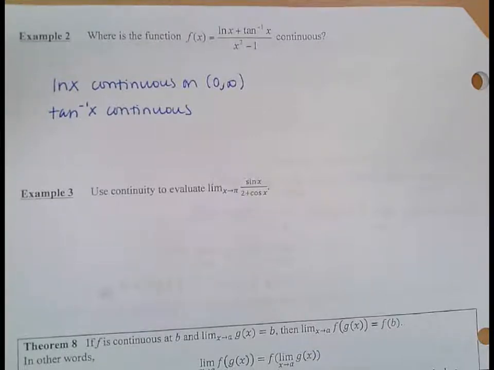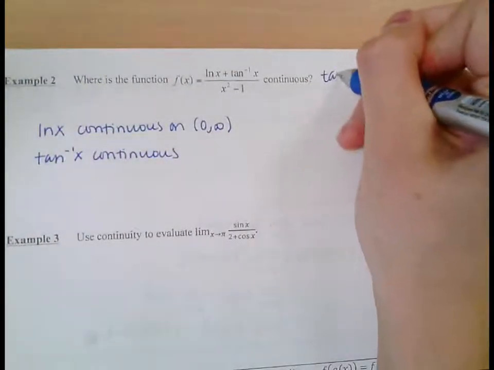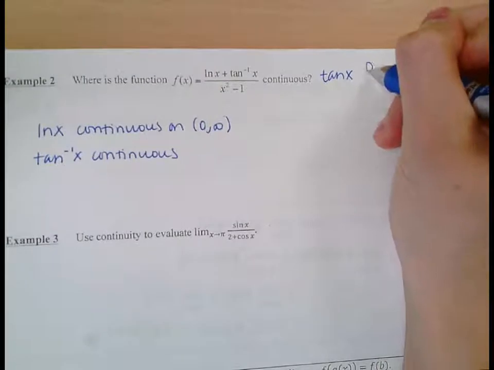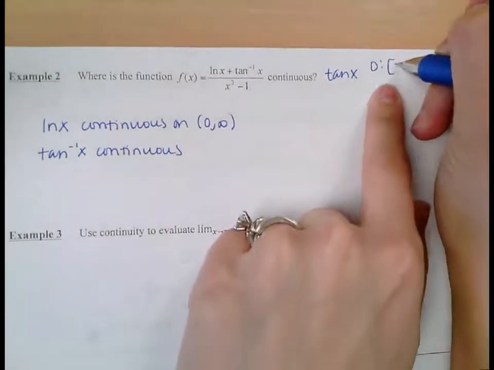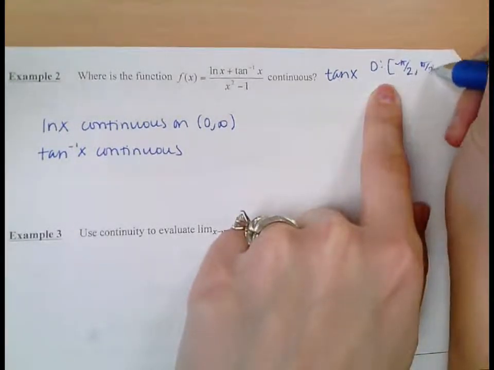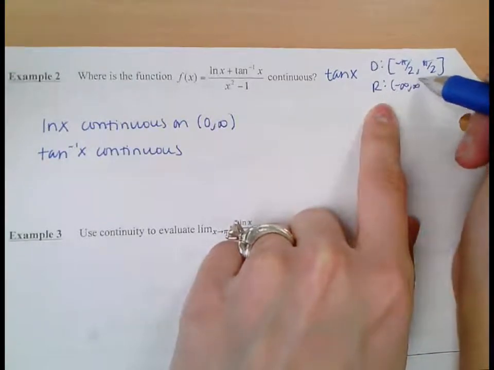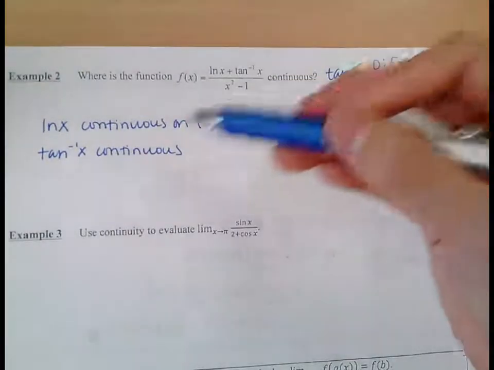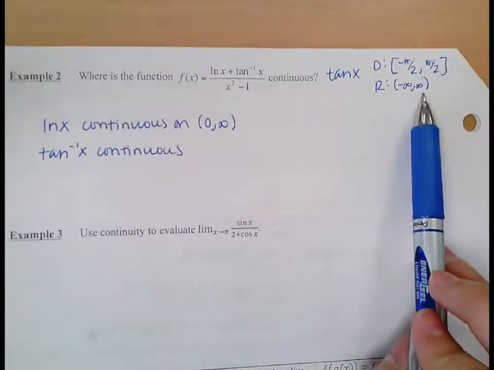It is all real numbers. So for tangent of x, the domain you're restricting to for the inverse is negative pi over 2 to pi over 2, and the range of tangent is all real numbers. Those switch for the inverse function.